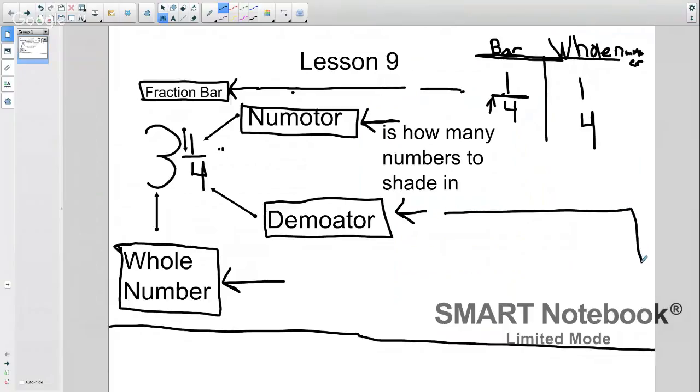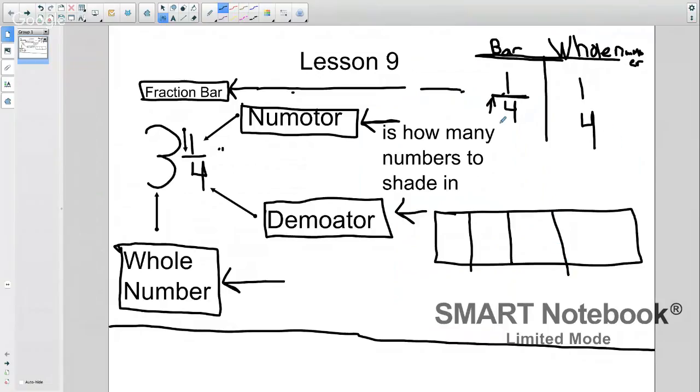So what are we doing? 3 1/4. The 3 is the whole. I'll show you what the 3 stands for. This is just a whole number, but I'll show you what the whole number does. So you're not just going to make 1 and shade it. You make 4 with 3 lines.